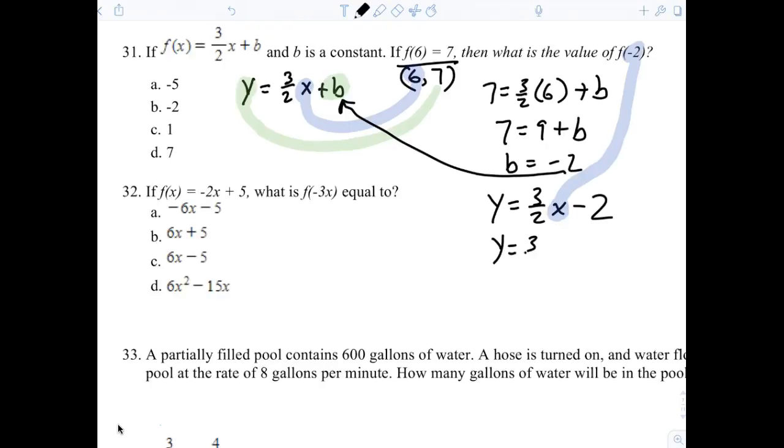Y equals 3/2 times -2 minus 2. And so, what does that come out to be? What is that? -5. Very good. Did I do it right? Because y equals -3 minus 2, which is -5. All right?